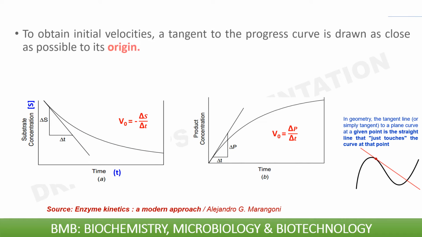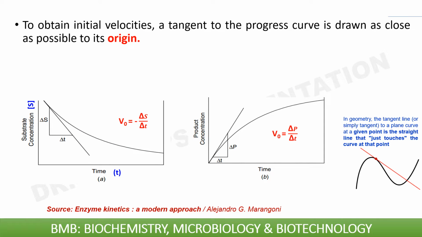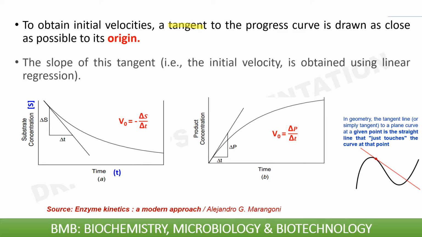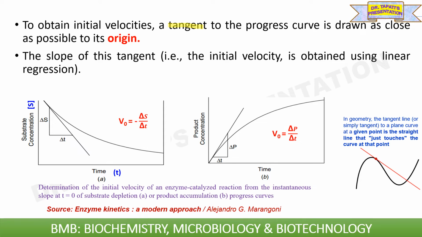To obtain initial velocity, a tangent to the progress curve is drawn as close as possible to its origin. This is the tangent curve.